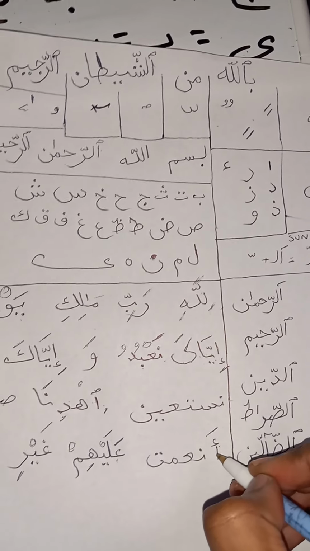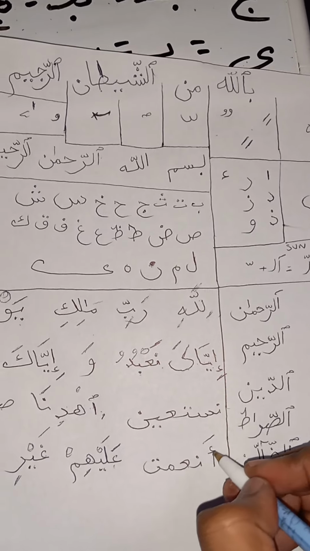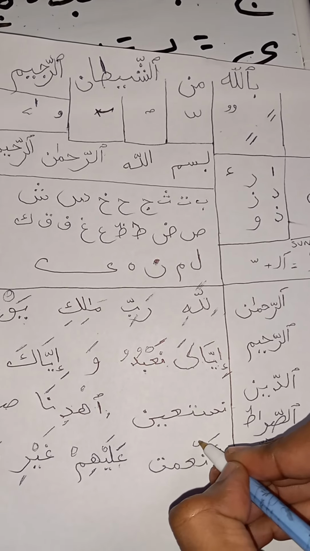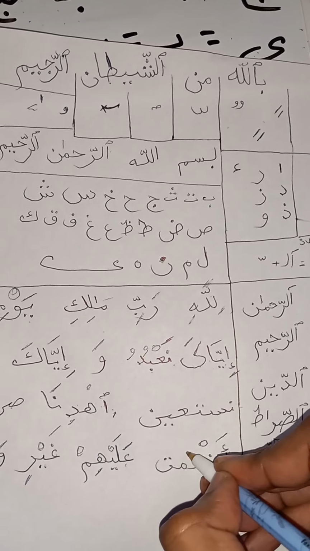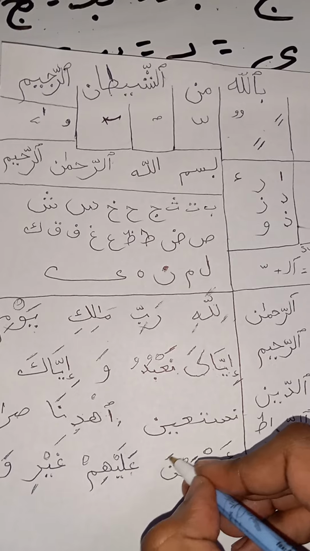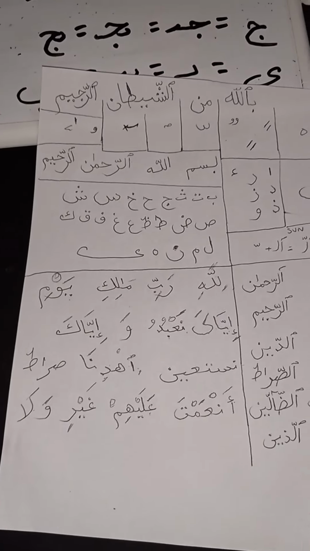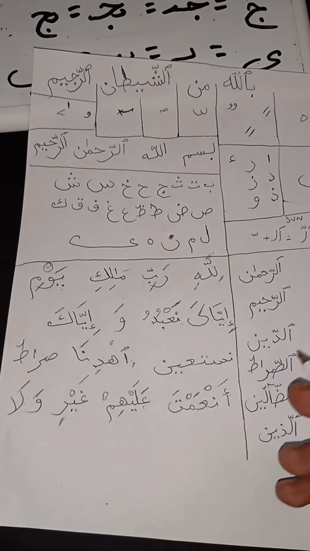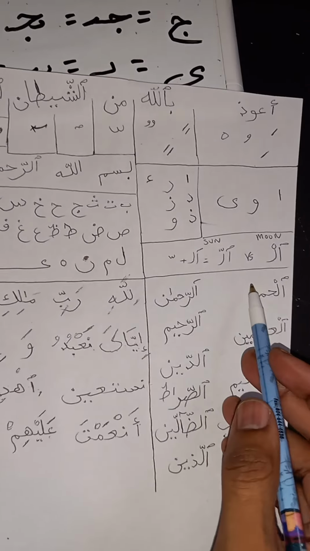It has a hamza, fatha a, nun sukun an, ayn fatha a, an'a, mim sukun am, an'am, ta fatha ta, an'amta. So this is what we have for all the words that are non-qamariya or shamsiya.